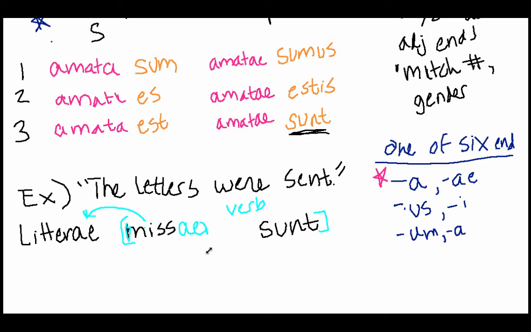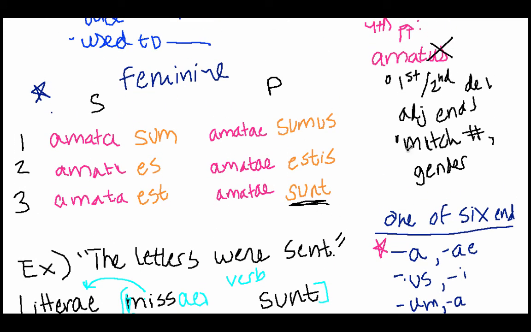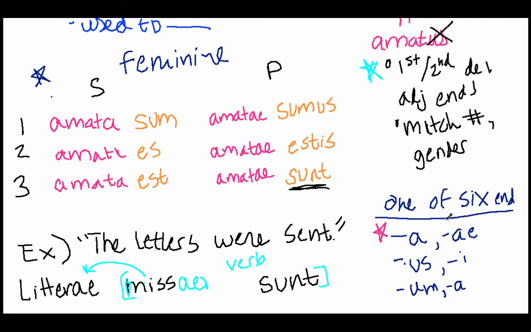So see how the ending of the fourth principal part matches the case, number, and gender of the subject. Don't be fooled if you have a third, fourth, or fifth declension noun for a subject. Remember, as I say up here, you still have to use the first and second declension adjective endings.